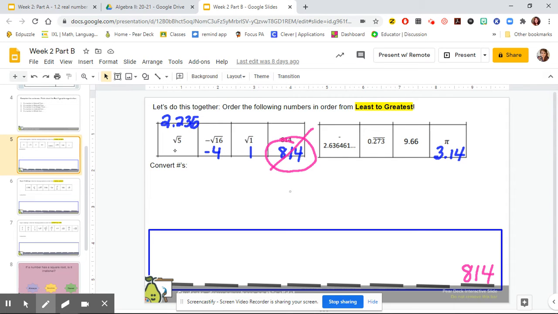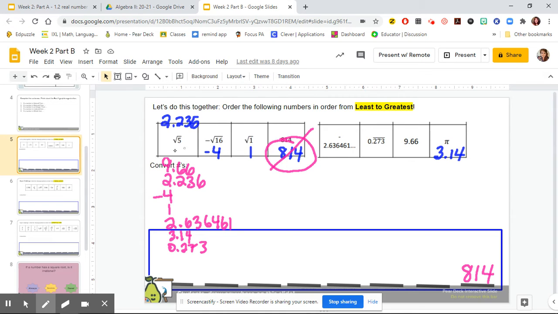The next thing I see, I have 2.236. I have -4, 1, 2.636461. If I look at that, I have 9.66, 3.14, and 0.273.